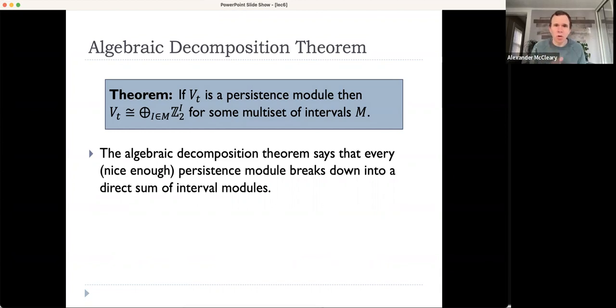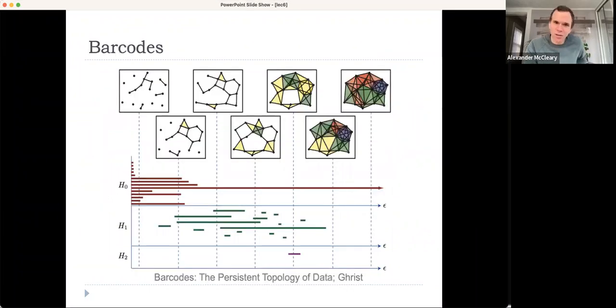But this multi-set of intervals is going to uniquely define our persistence module. If we know that multi-set of intervals, we can reconstruct our persistence module. And that's what's called a barcode in persistence. So that's what we're looking at here. We're just looking at this multi-set of intervals.